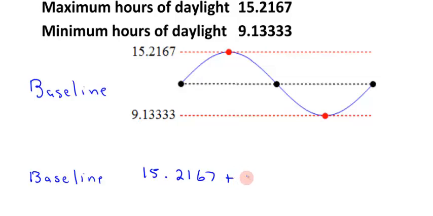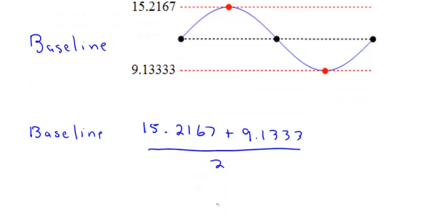I'll add them together and divide by 2. Let's see, what will I get? Well, I've rounded one to one place here. I have forgotten about this digit so I'd have the same number of significant digits here.